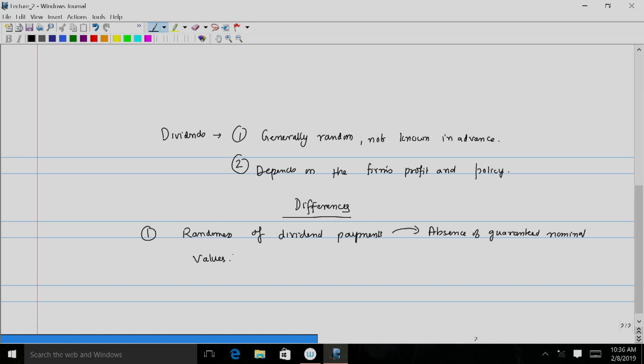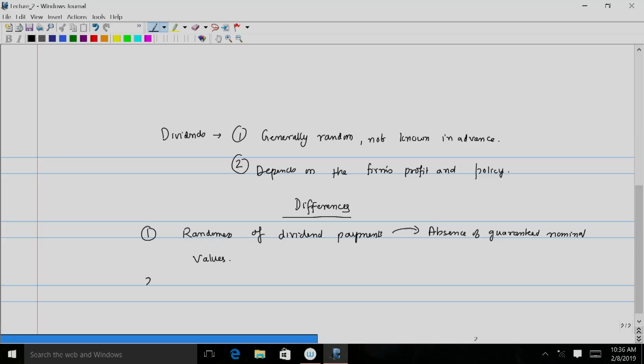In case of bonds, as you have seen previously, there is always a guarantee of a certain return, which we have called the nominal, but no such nominal return is guaranteed in case of the stock. So this is one key difference that exists between stocks and bonds. And secondly, in principle, the stock does not expire.